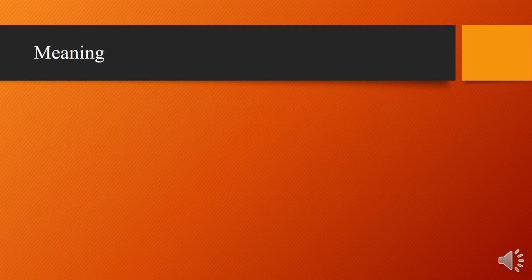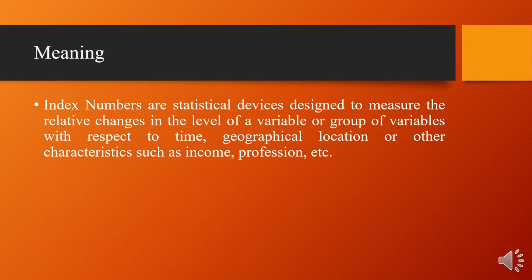Let us discuss the meaning. Index numbers are statistical devices designed to measure the relative change in the level of a variable or group of variables with respect to time, geographical location, or other characteristics such as income, profession, etc. Repeat, index numbers are statistical devices.